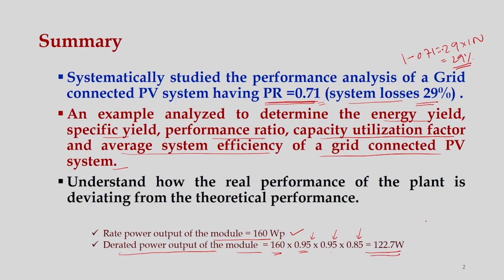You see the difference. We started with 160 watt peak and what we got is 122.7 watt. That is how we are getting a very reduced amount of power generation. So, these parameters are very essential while designing a grid connected PV system.